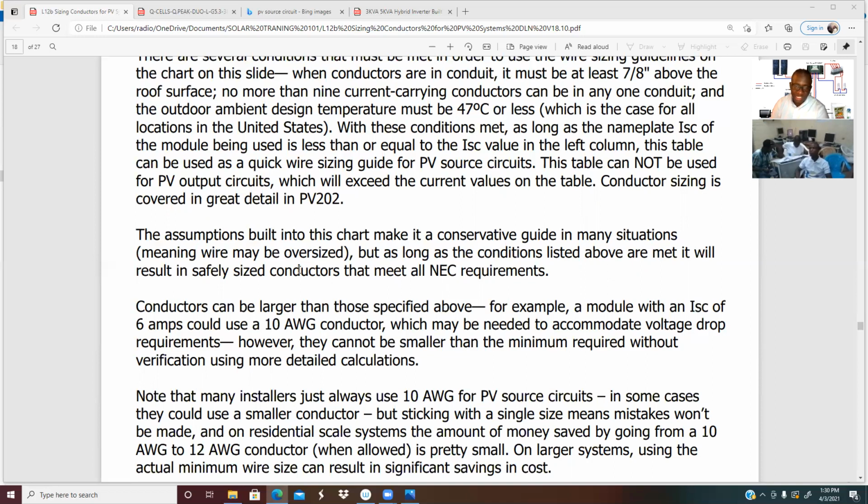Conductors can be larger than those specified above. For example, a model with an Isc of 6 amps could use a 10 AWG conductor, which may be needed to accommodate voltage drop requirements. However, they cannot be smaller than the minimum required without verification using more detailed calculations.